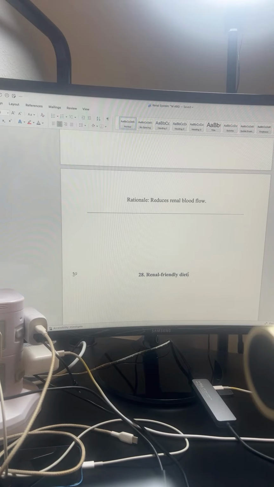What is an example of a renal friendly diet? If you have a patient that you're teaching about their end stage renal disease, what would you tell them they should eat? Low sodium, low potassium, bland foods, baked chicken.